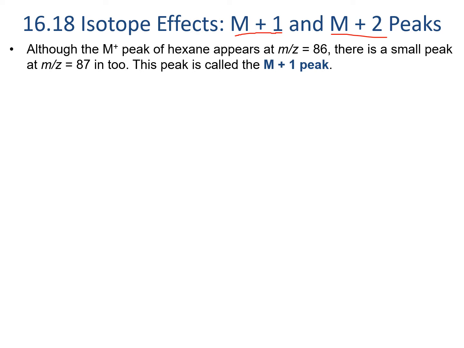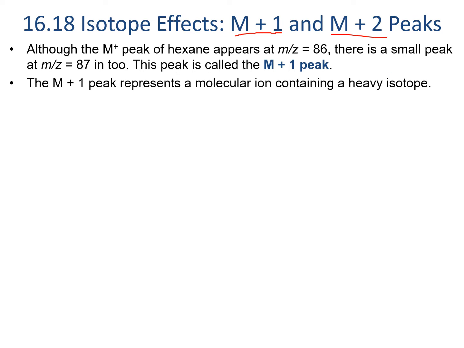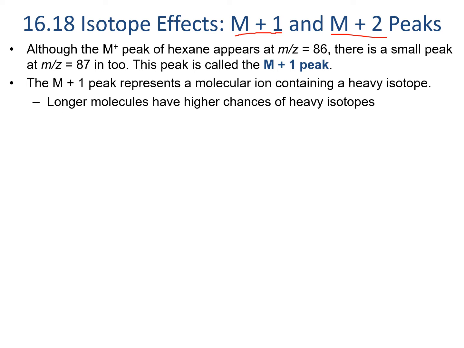Because we know that the N plus 1 peaks are coming from carbon-13 in most cases, we know that we're going to have a much larger chance of having a carbon-13 in the molecule if it's a longer molecule, because it doesn't matter which carbon swaps out for carbon-13, they'll all give the same mass plus 1 peak. We'll have more versions of the molecule that can give mass plus 1 if we have more carbons that can be carbon-13.